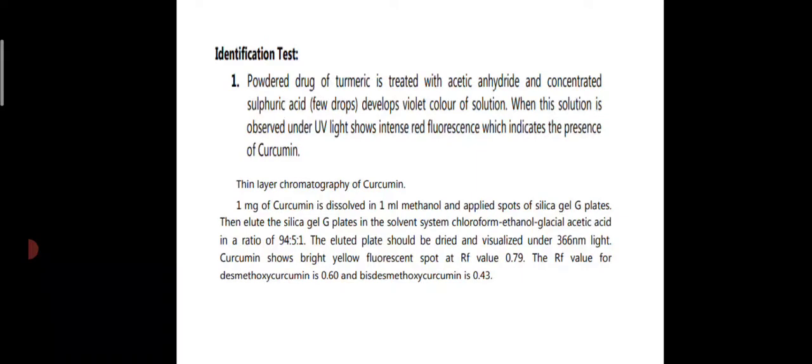Then the standard curcumin shows an Rf value of 0.79, and if our test sample shows an Rf value somewhat less than standard, the isolated component is effective for us.